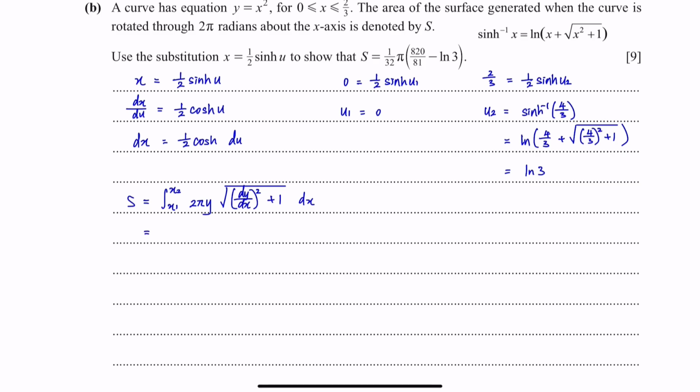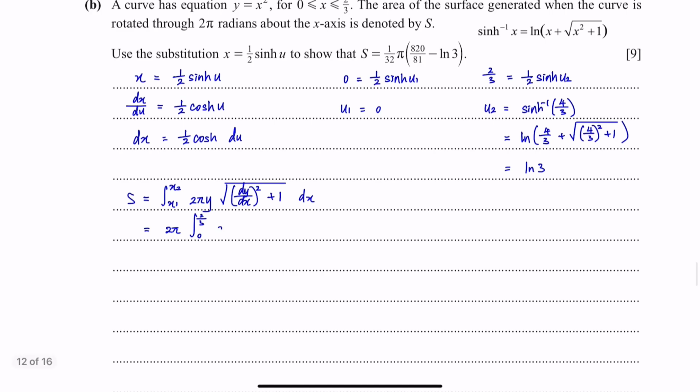In this case, we can take the 2 pi out. x1 would be 0, x2 would be 2/3, and y in this case is x squared. dy/dx would be 2x.